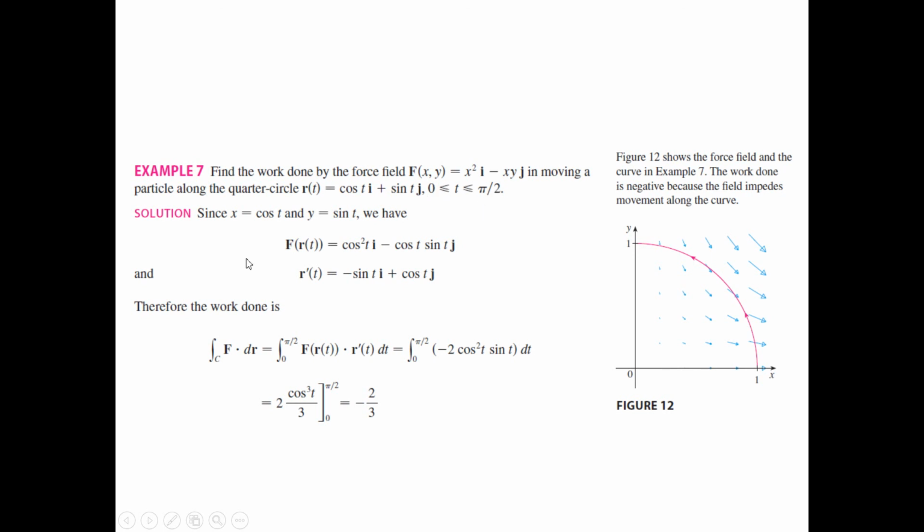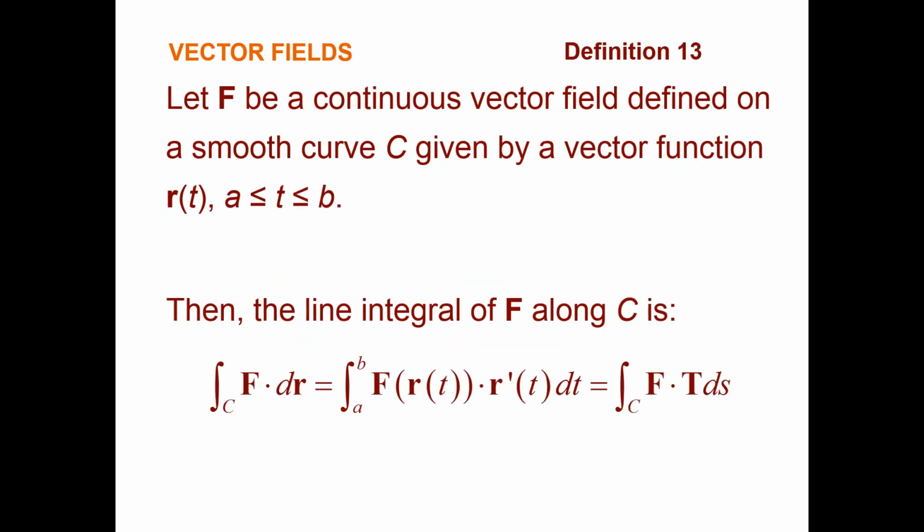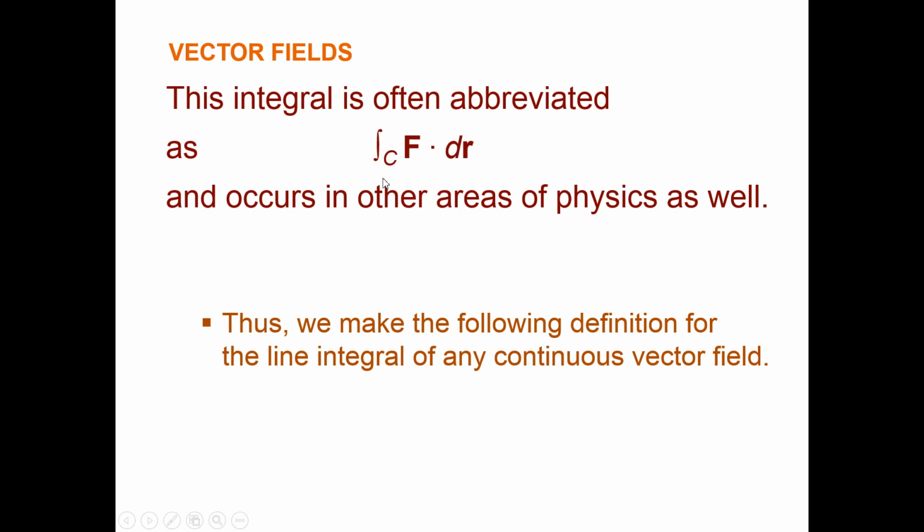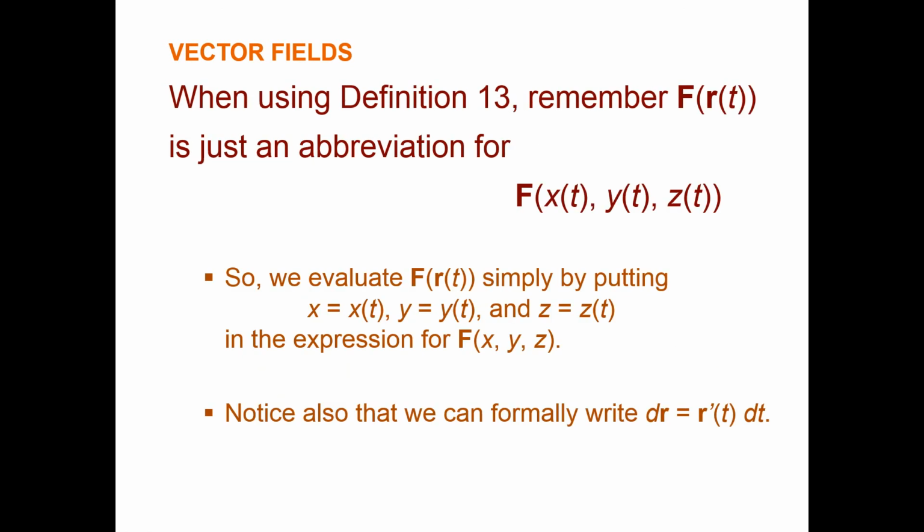So work done is F dot dr along the path C. Along the quarter circle, C is the quarter circle, so r here is cos t i plus sin t j, that is the vector along the path. So what is the formula we just saw? That formula is the integral of F dot dr along the path C, along the curve C.